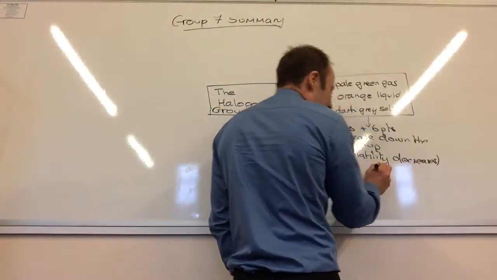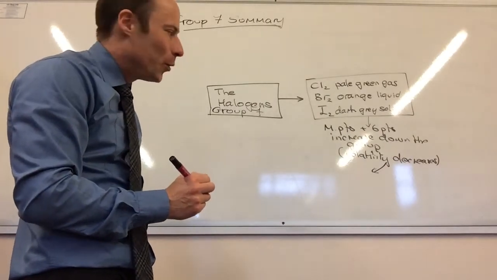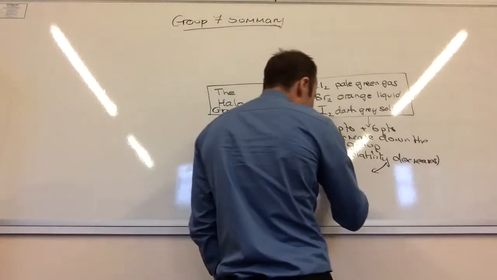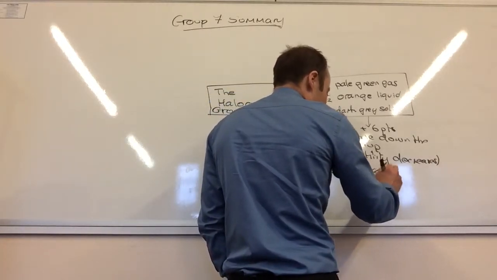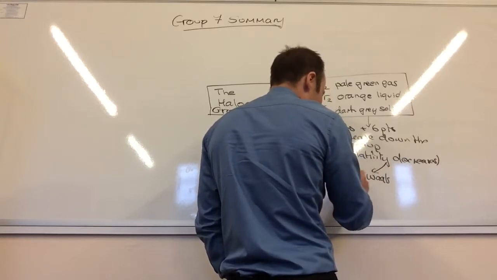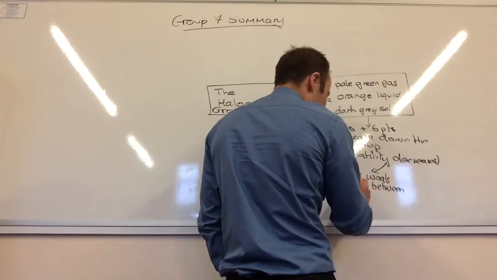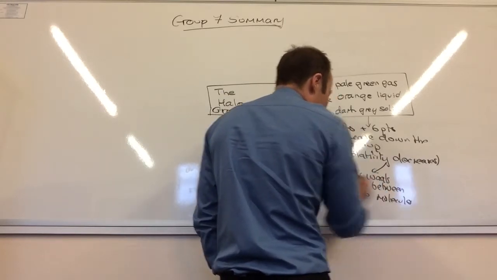And why is that? What is the type of intermolecular force between the molecules? Yep, so we can say that's because the van der Waals forces increase between the molecules. And why do they increase between the molecules?